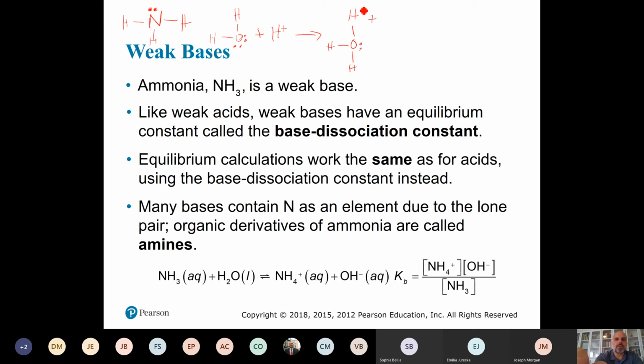Right, so this whole substance is positively charged. So ammonia's lone pair is going to act in the exact same way as the water lone pair.